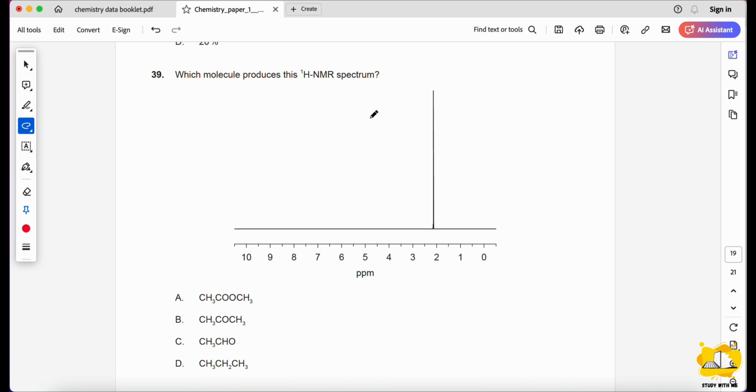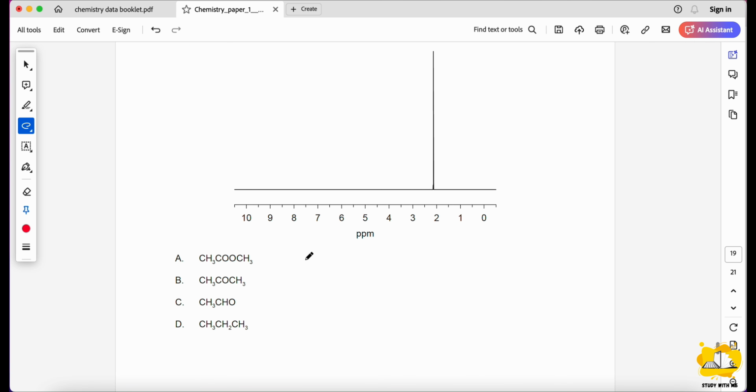Okay, number 39. If we draw this structure, for A is CH3COOCH3, and for B is CH3C double bond O and CH3.